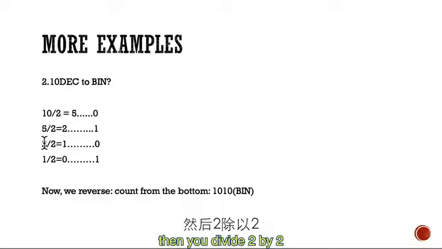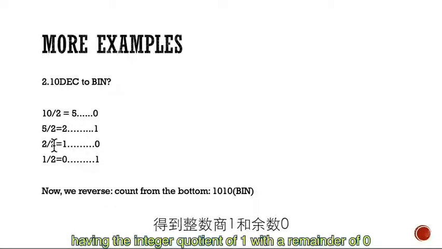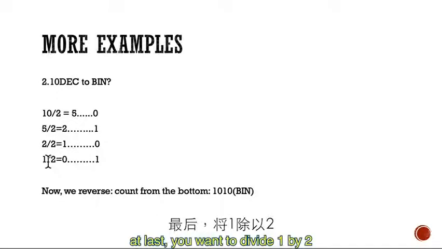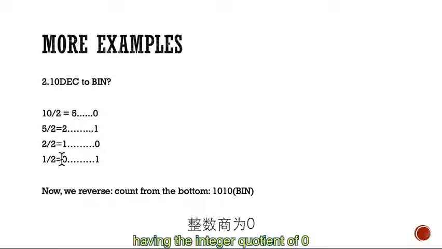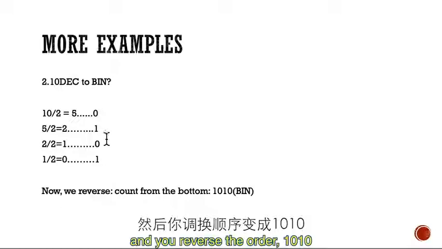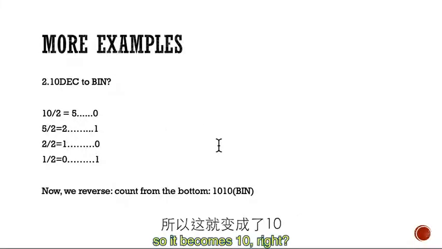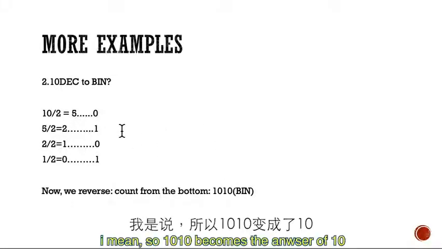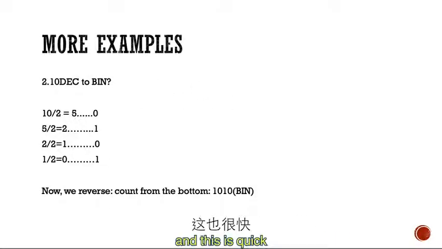Then you divide 2 by 2, having an integer quotient of 1 with a remainder of 0. At last, you divide 1 by 2, having an integer quotient of 0, so it ends the iteration, with a remainder of 1. And you reverse the order, 1010, so 1010 becomes the answer. And this is quick as well.